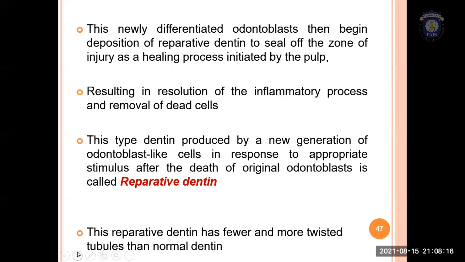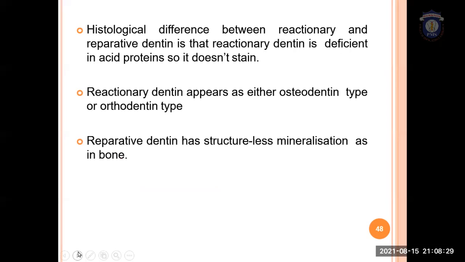So this kind of reparative dentine has fewer or more twisted tubules than the normal dentine. So histologically, a mild difference can be seen between the reactionary dentine and the reparative dentine. So one among them is that the reactionary dentine is deficient in acid protein.